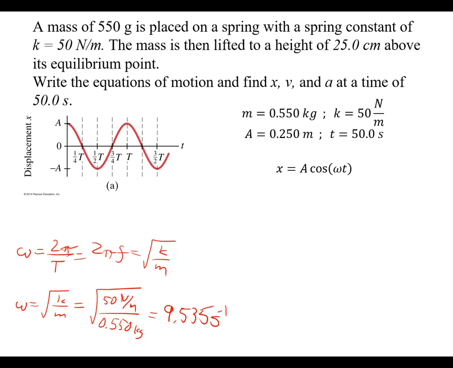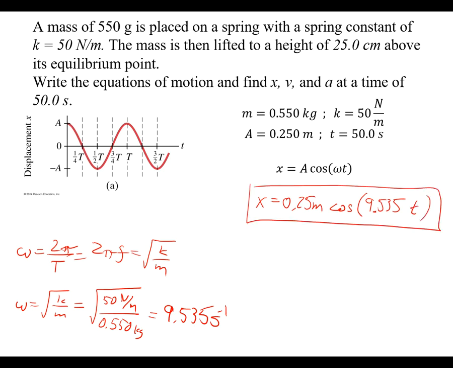Okay, so our equation of motion then would be x is equal to our amplitude, 0.25 meters, times the cosine of omega, 9.535, times your time t. So there's the equation of motion for position.